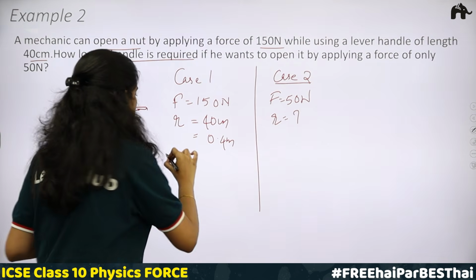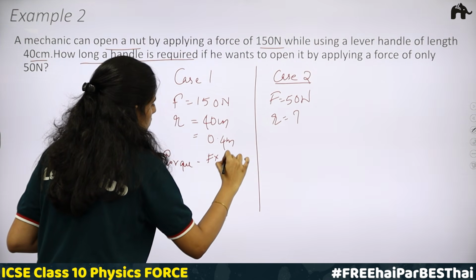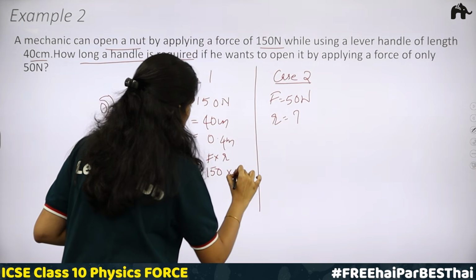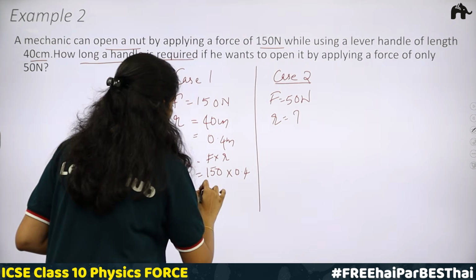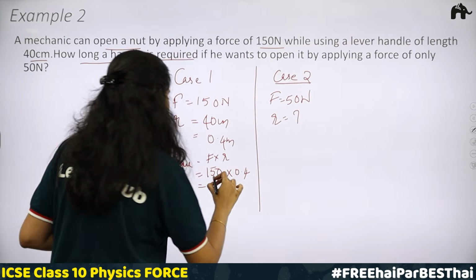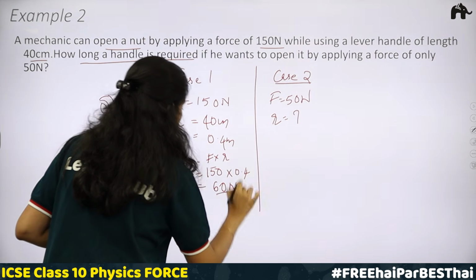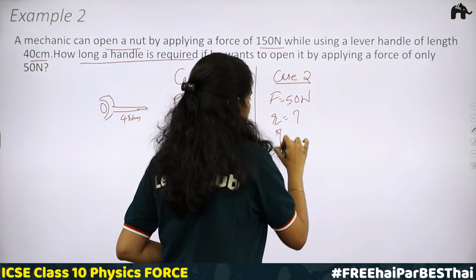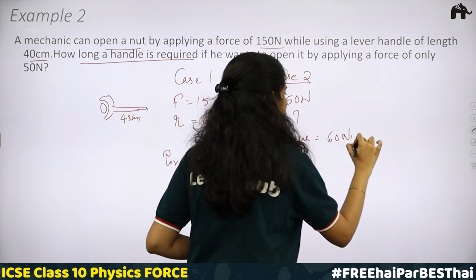Now tell me what is the torque in this first case. Torque is equal to force into perpendicular distance, which is 150 into 0.4. 150 into 0.4, you will be getting 60 Newton meter. 60 Newton meter is the torque. Again, the torque will be equal to 60 Newton meter in both the cases.